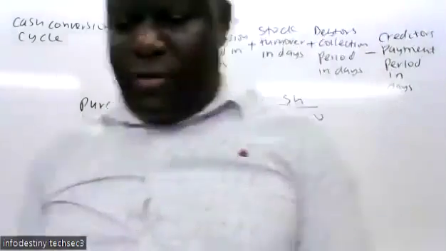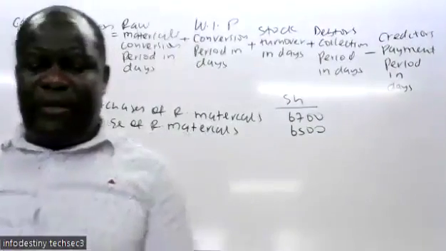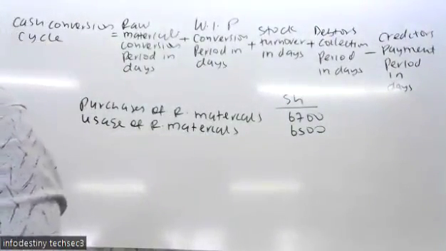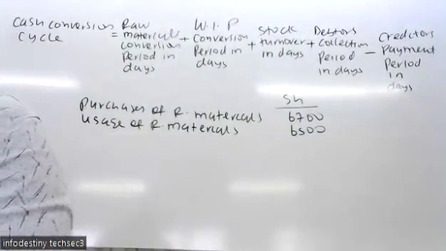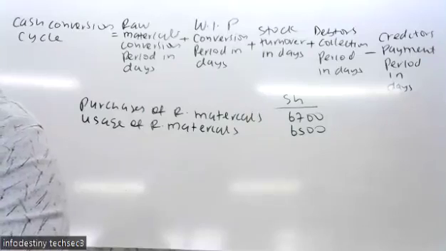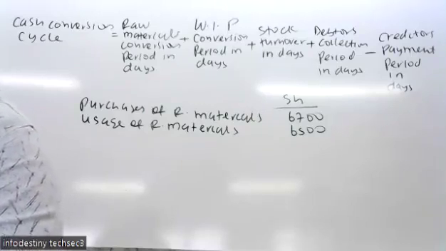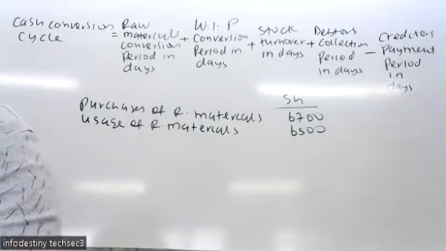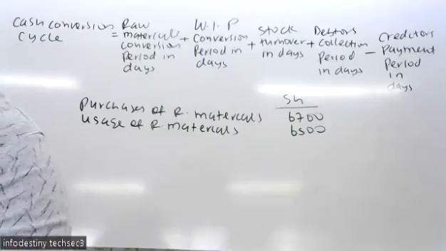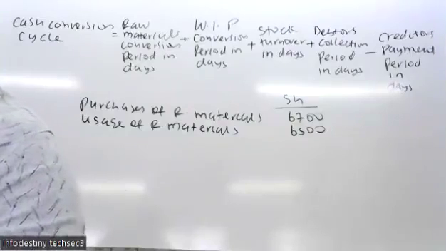The next one will be sale of the finished goods, 25,000. The next one will be cost of sales, 18,000.